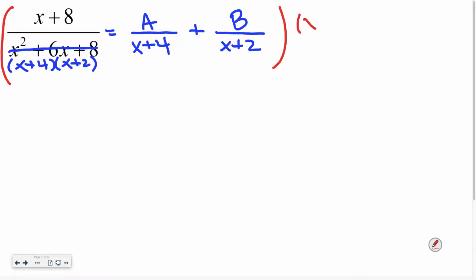So we are going to multiply by x plus 4 times x plus 2. Well, what happens when we do that? Bless you. When we multiply x plus 4 times x plus 2 to this fraction, it cancels out the entire denominator, right? And so we're left with the numerator of x plus 8.